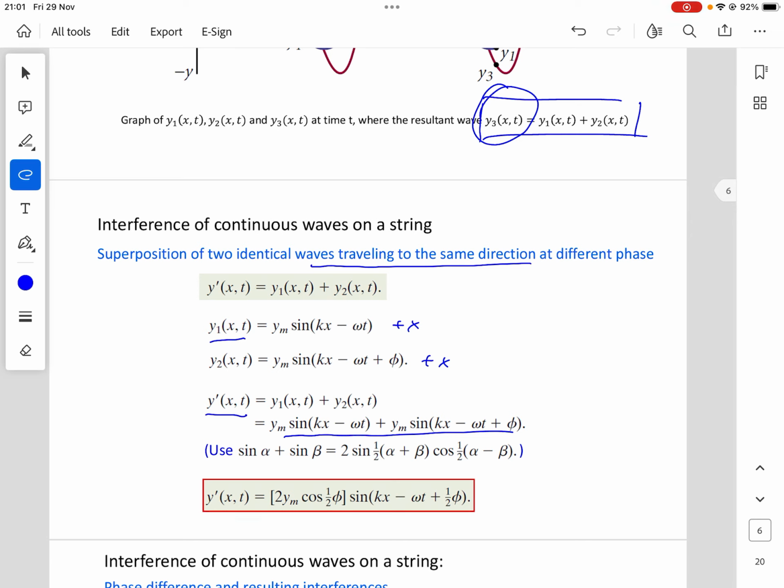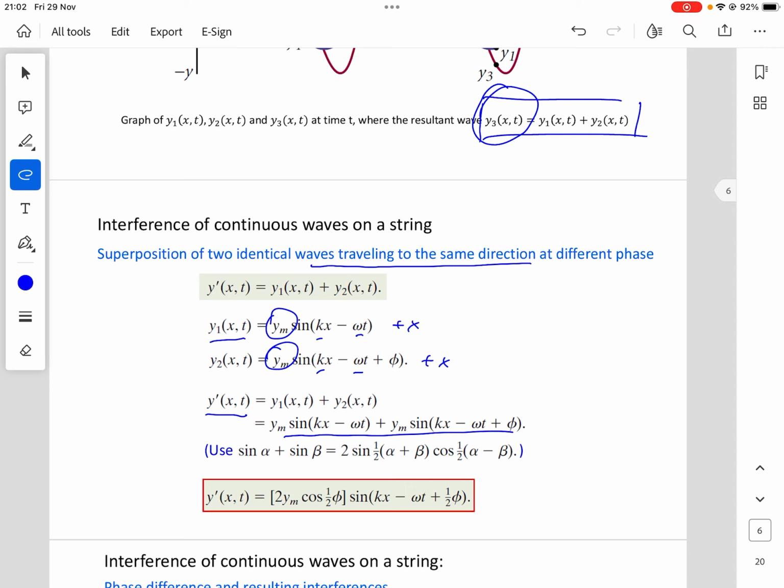Of course, it might not be simple if k and omega are different, right? And if, for example, the amplitudes are different, you might not get this easily.